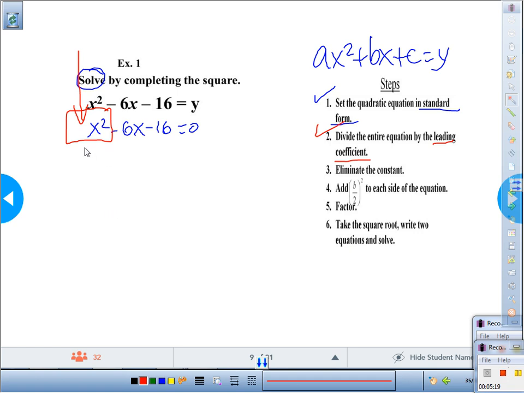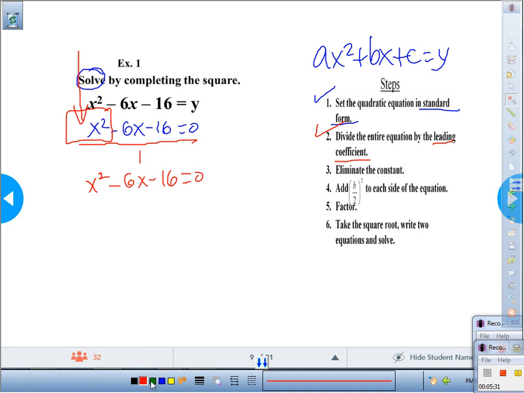What is the leading coefficient? 1. So I'm going to divide by 1: x squared minus 6x minus 16 equals 0. Some of you are thinking, why did I just do that if I get the same thing? Because we're writing the step and doing the step. Muscle memory, guys, because once you start skipping steps, when you get to more complex problems, you're going to make mistakes.